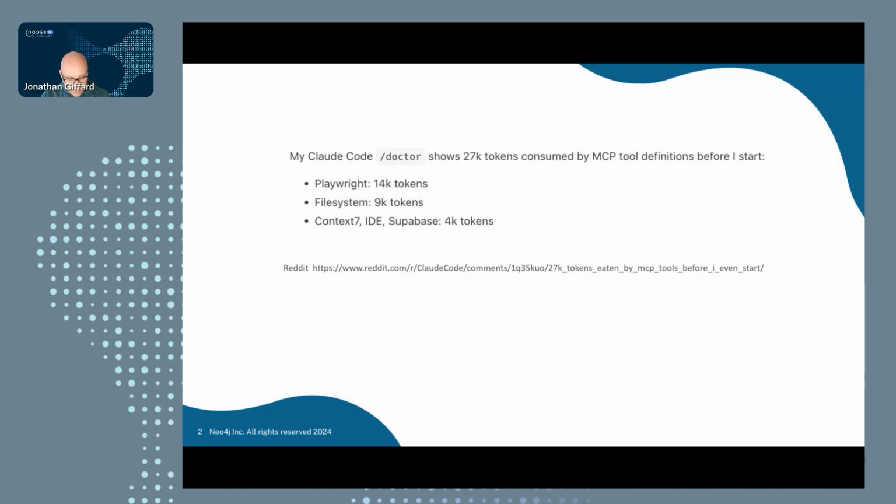And that all contributes towards the context window filling up. And that context window is essentially a term for describing all the things which your large language model has to deal with. And if we look beyond the context window, all those tokens are burning money. And that's before you've actually done anything with your MCP server and your large language model.